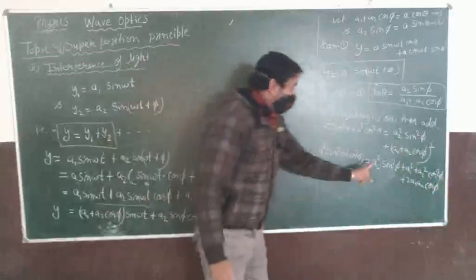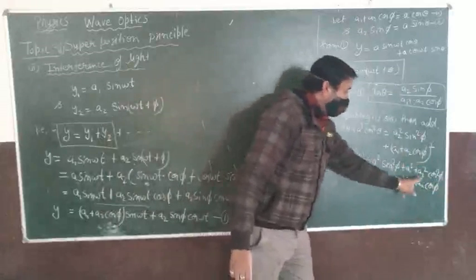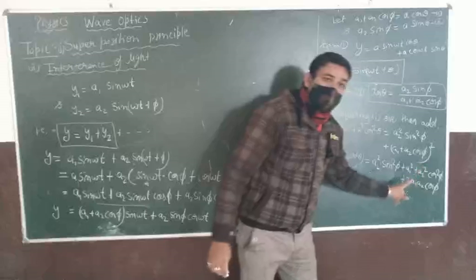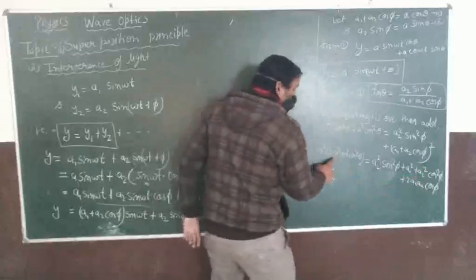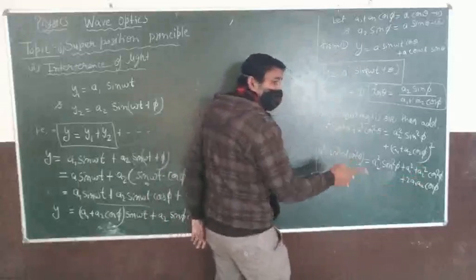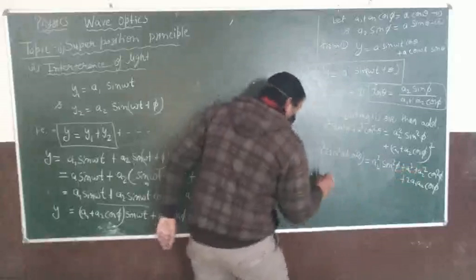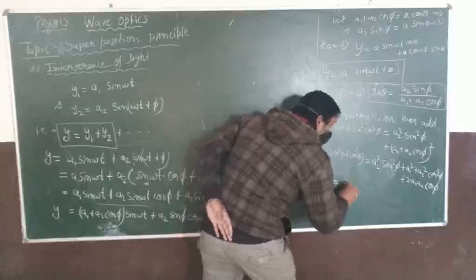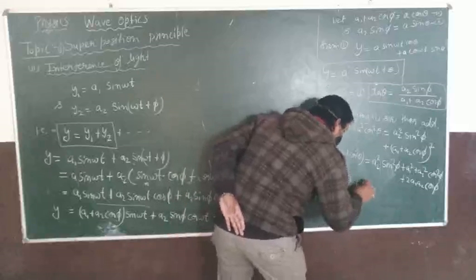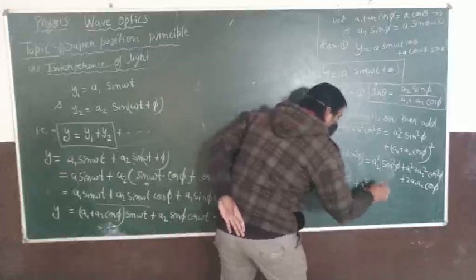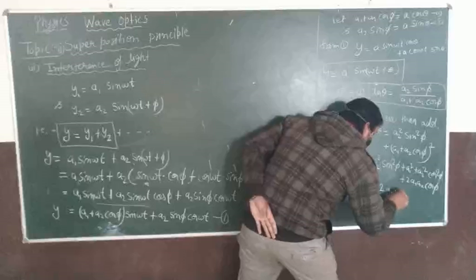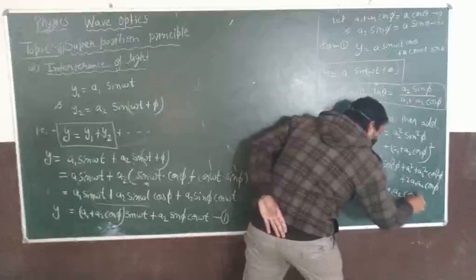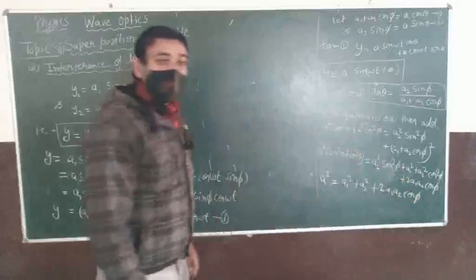Now, A2 square sin square phi and A2 square cos square phi, A2 square is common and sin square theta plus cos square theta is 1. Here also it is 1. We get A square is equal to A1 square plus A2 square plus 2 A1 A2 cos phi.